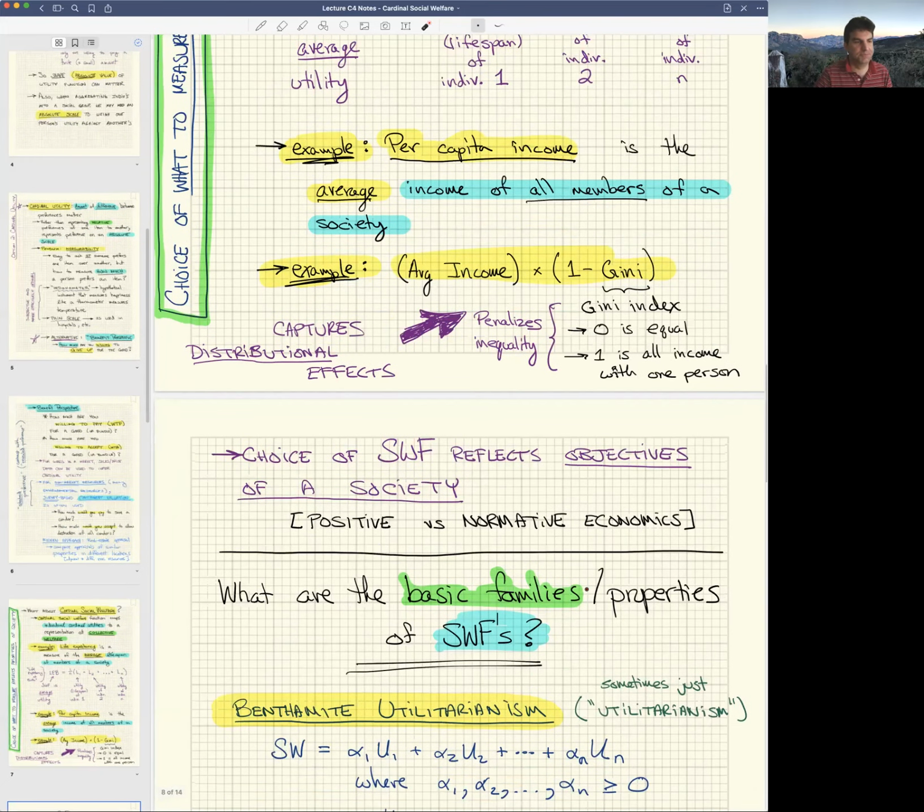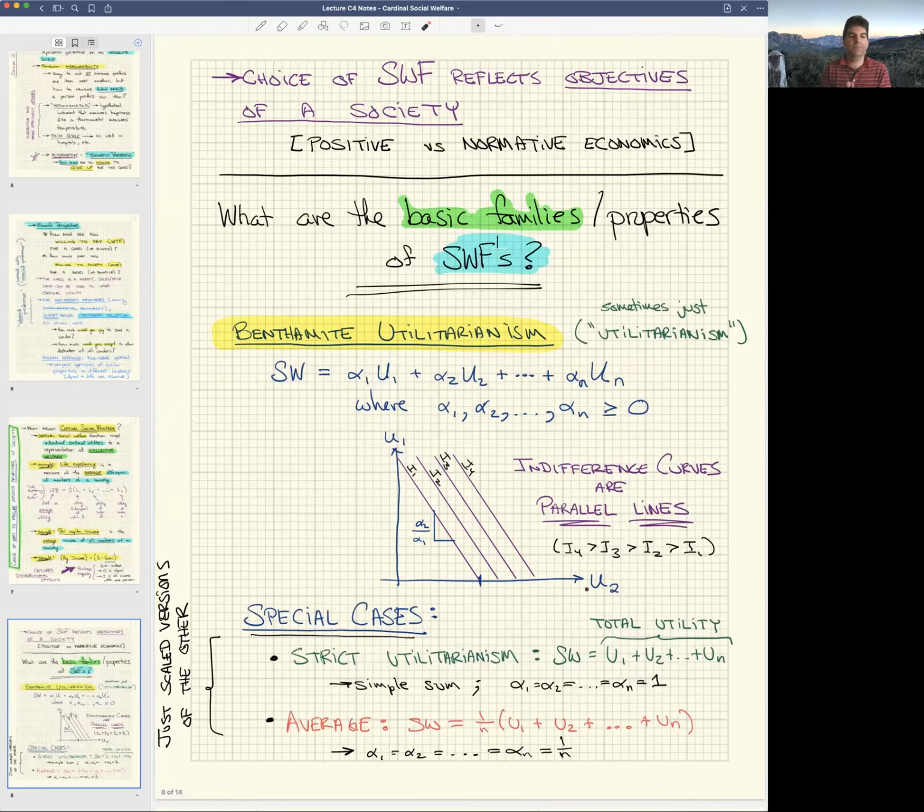All right, great. Now that I've motivated that there are different types of social welfare functions, at this level in your economic education, it's a good idea to figure out what the basic classes of social welfare functions are, and what the choice of functions from those classes means about what you're emphasizing as important in society.